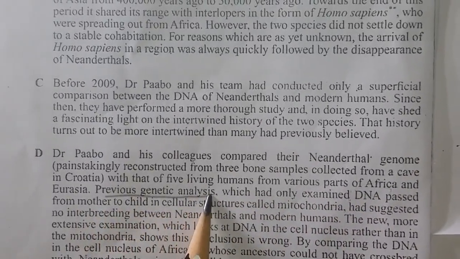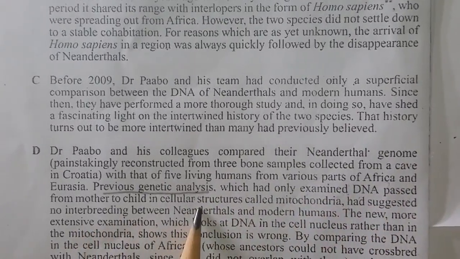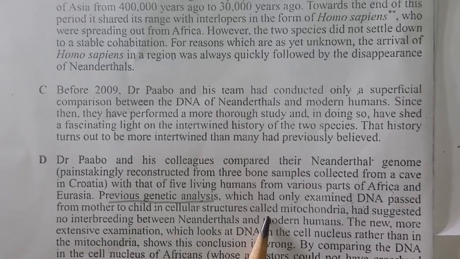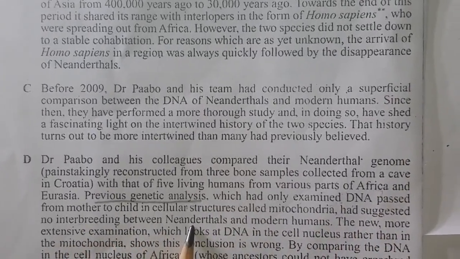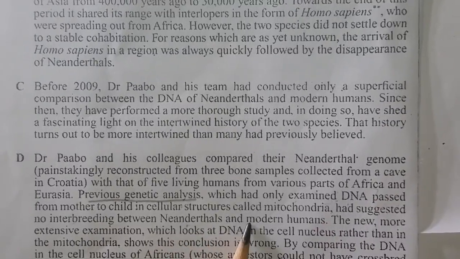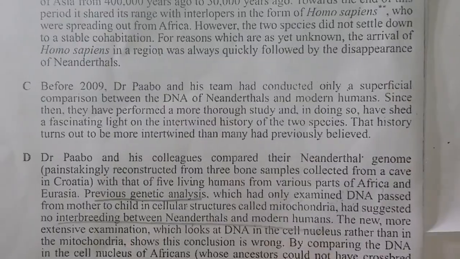Previous genetic analysis, which had only examined DNA passed from mother to child in cellular structures called mitochondria, has suggested no interbreeding between these and modern humans. There is no interbreeding between these.